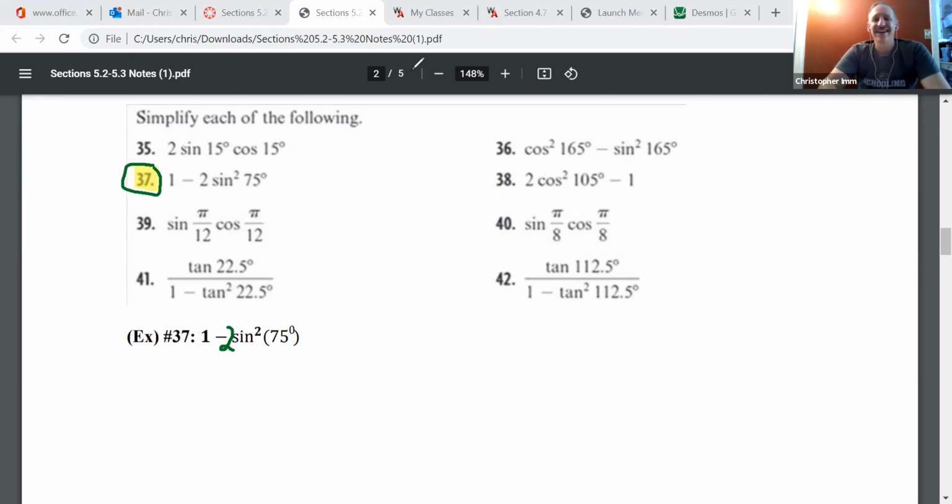Let's check it out. All right, so we have a lot of cosine of 2 cosine squared pi over 12. So it looks like we didn't get this one. That's okay. I want to make sure that we know what we're doing here. When I look at this, 1 minus 2 sine squared 75 degrees, we're going to use an identity to turn that into something we know.